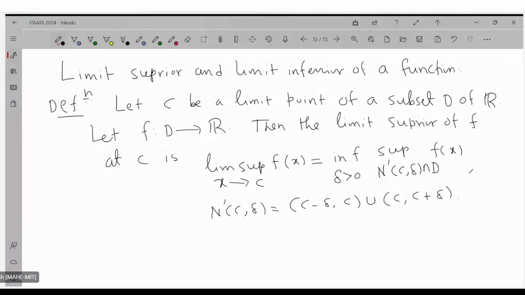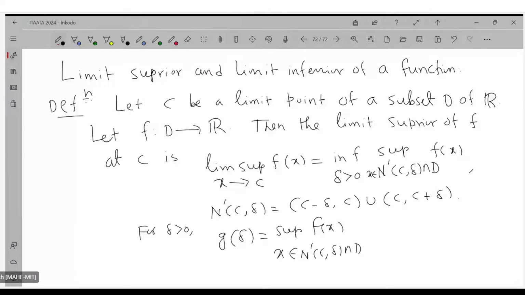Okay, so for a given delta greater than 0, let's say we are calculating g(delta), which is the supremum of f(x), where x belongs to N'(c, delta) intersection D. I forgot to write that. So we are calculating the supremum of this function.